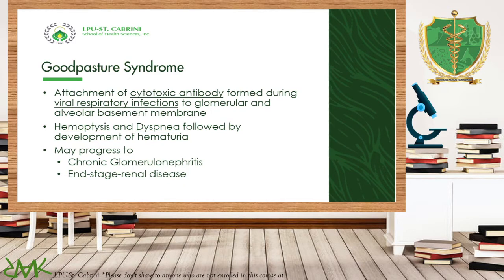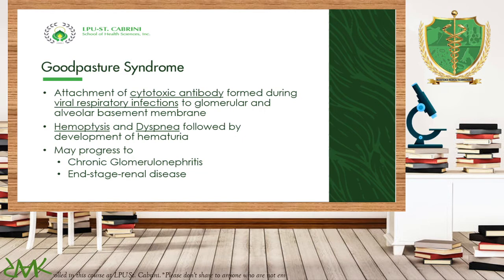Next in line we have Goodpasture syndrome. In Goodpasture syndrome, there are morphologic changes to the glomeruli, resembling those in rapidly progressive glomerulonephritis. However, Goodpasture is a cytotoxic autoantibody, an attachment of cytotoxic antibody formed during viral infections.